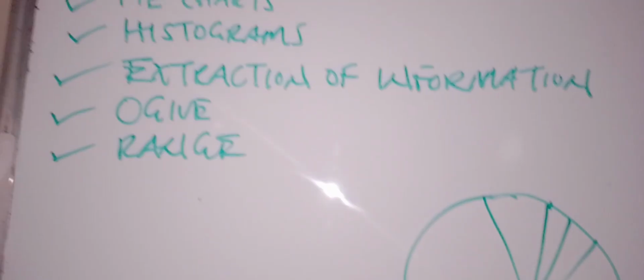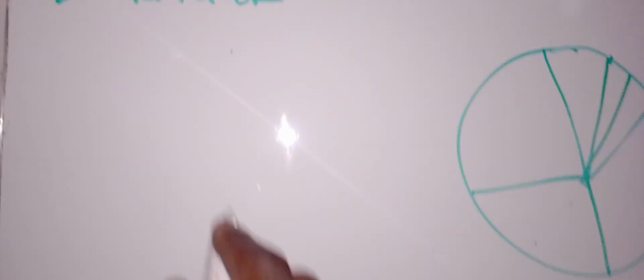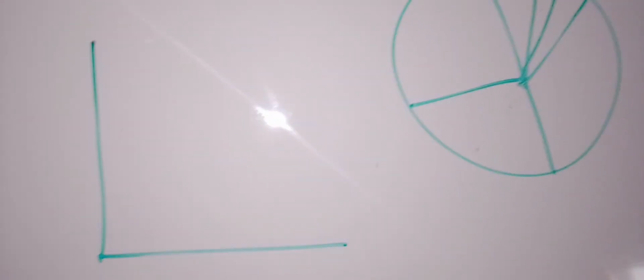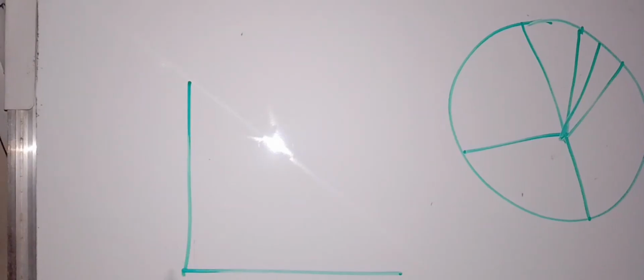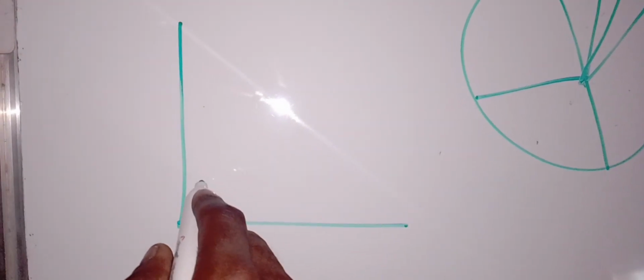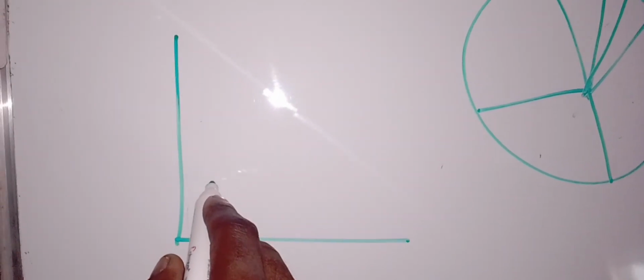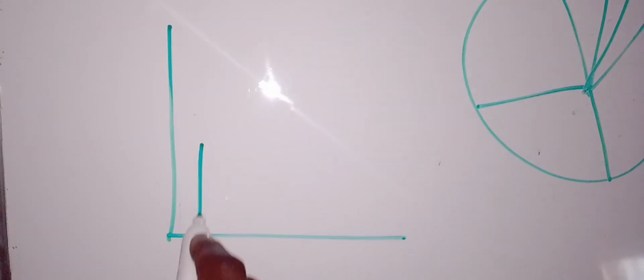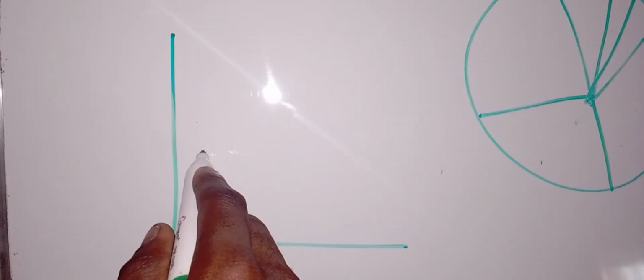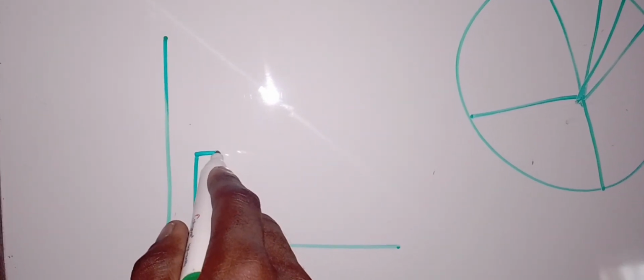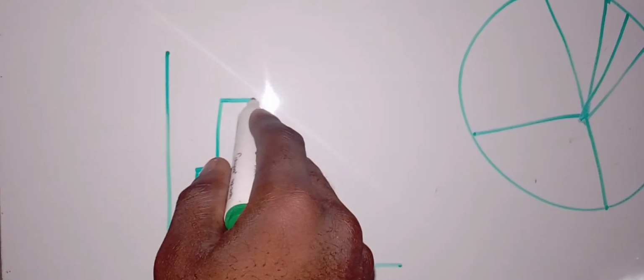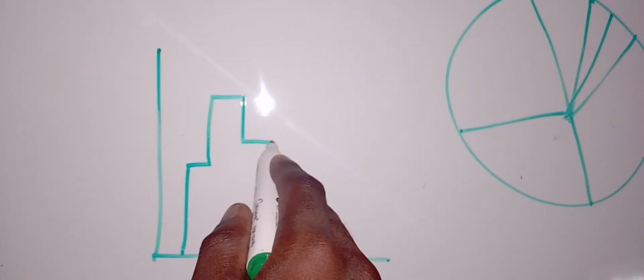And then here there is the histogram. For example, you are having a graph with x-axis and y-axis, and this one is different from the bar graph. The histogram doesn't leave spaces like bars.